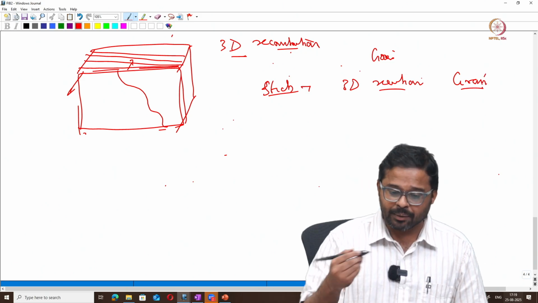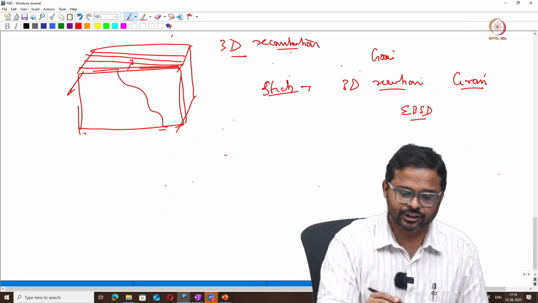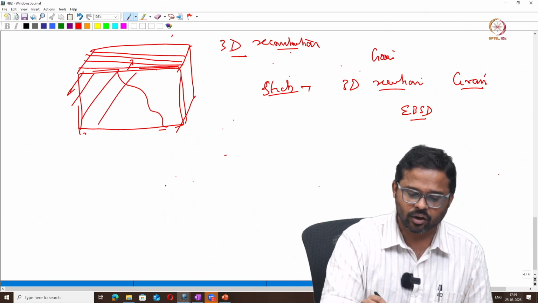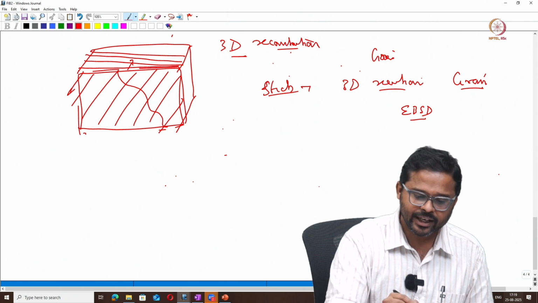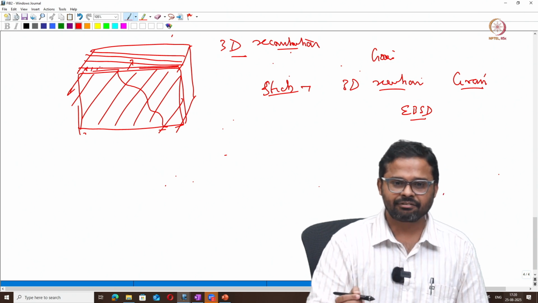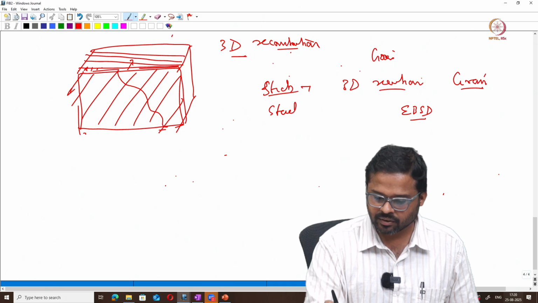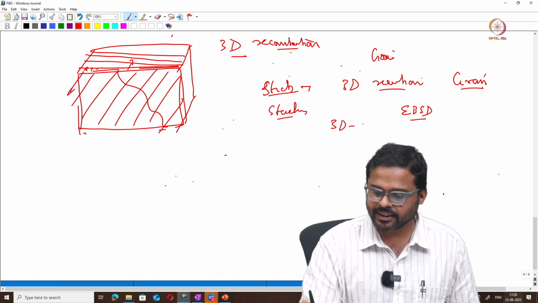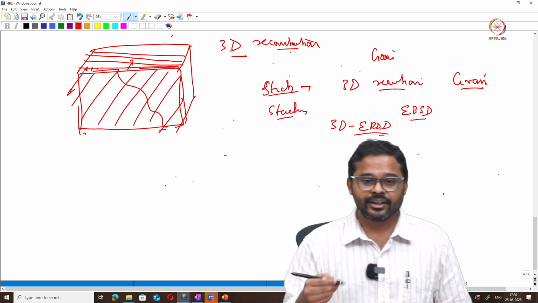Okay, and one more important thing, if you have an EBSD attachment, then you can do the EBSD on this particular surface, and you can remove this surface, again you can do the EBSD on the second surface, and these EBSD patterns can be stacked together to get the 3D EBSD data. Okay, so this is how you can use this ion source.